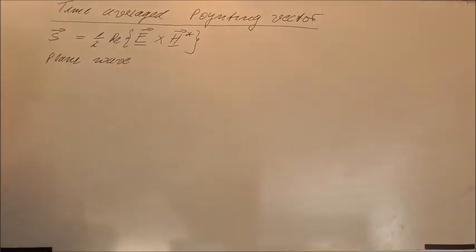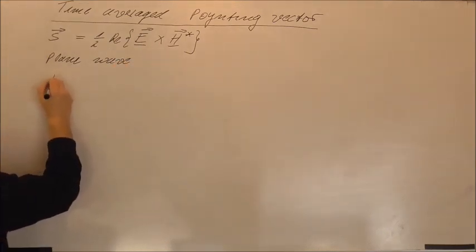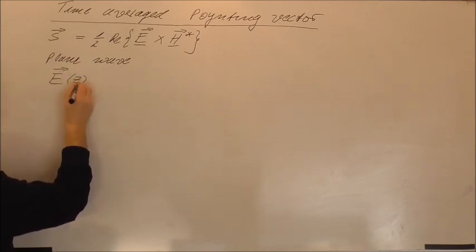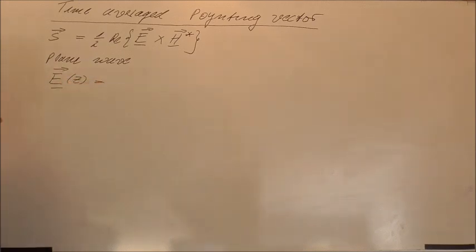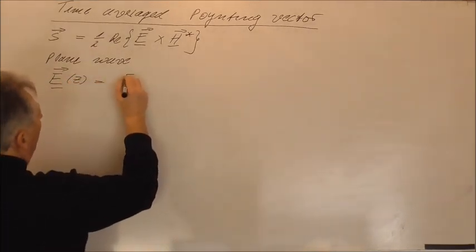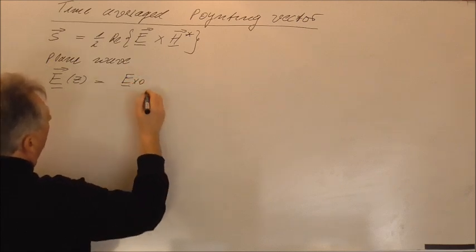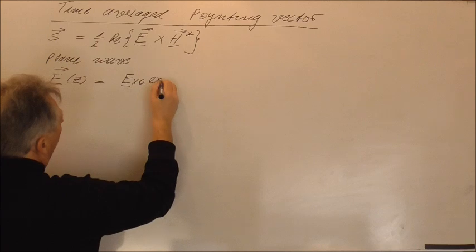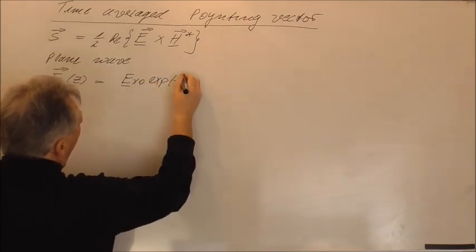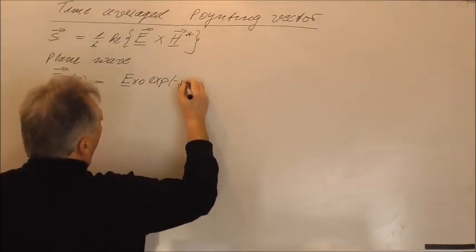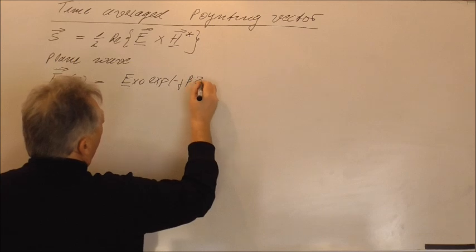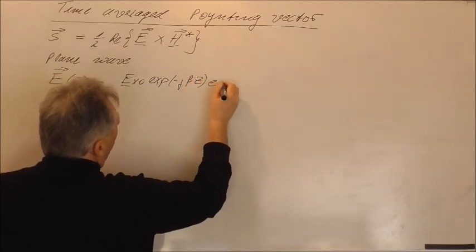In the case of our plane wave, we have here the electric field as a phasor. It will be Ex naught, a constant, maybe a complex constant, times the exponential function of minus j beta times z times the unit vector Ex.